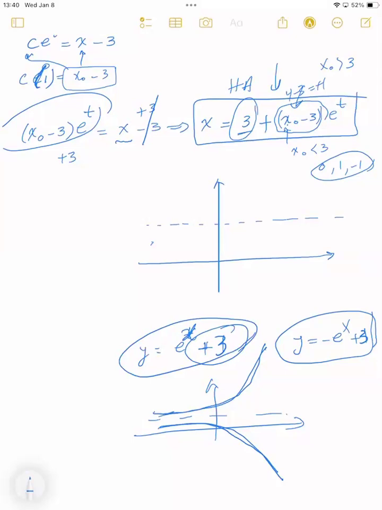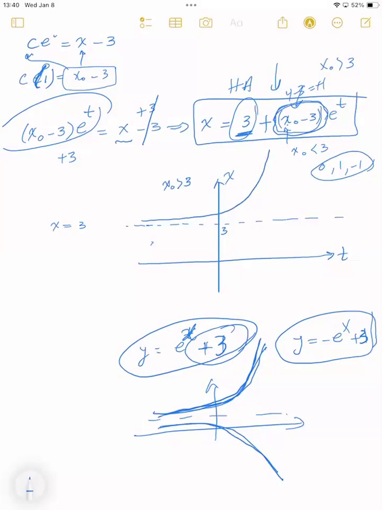So for x sub 0 greater than 3, we are going to have a positive coefficient for e to the t. Positive 3 is our horizontal asymptote. We have x is equal to positive 3, and the graph is going to look like that.